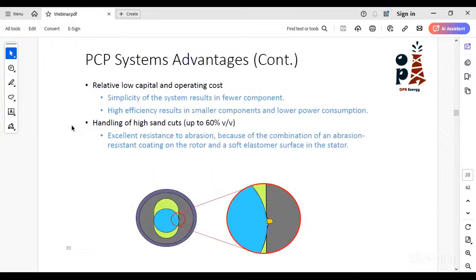The third thing is it can produce high sand content. The fourth thing is it can produce high gas oil ratio or high gas rates with minor slippage, rather than, for example, the sucker rod pump or the ESP pumps.